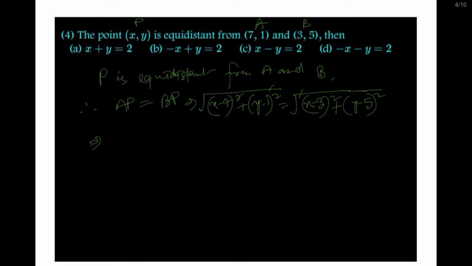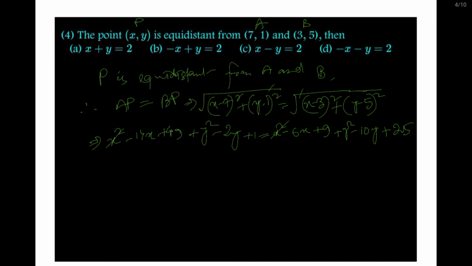So we will be left with x squared minus 14x plus 49 plus y squared minus 2y plus 1, and this part will be equal to x squared minus 6x plus 9 plus y squared minus 10y plus 25.